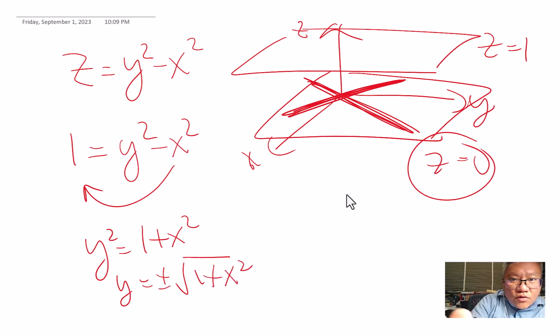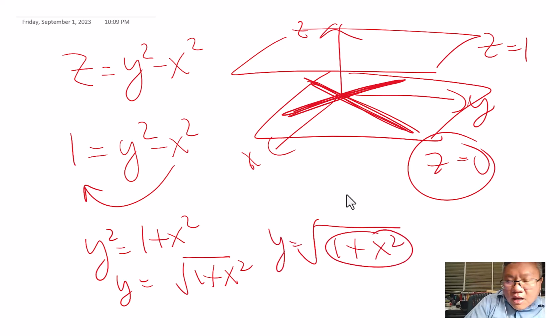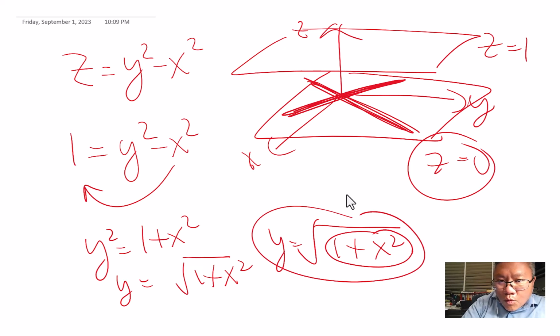So this is going to be something like this. Okay. Again, look at this. How do you draw the square root of 1 plus x squared for y? Number one, this thing here has to be positive. It is always positive. But this thing here has a minimum value. The minimum value is 1. So your y here cannot go below 1.